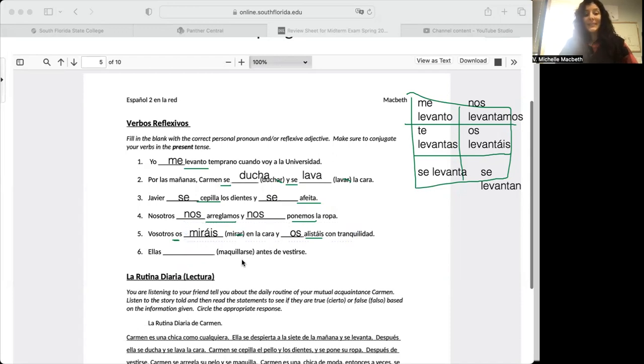And then finally, here we have a whole verb. And so what do we want to do? We want to take off the se and then take off the AR. The se, we're going to put back, right? Here, se. And then we want to put the root, maqui. And then what is the appropriate ending? It's an, maquillan. And I'll move it a little bit so you can see it a little better. Maquillan.